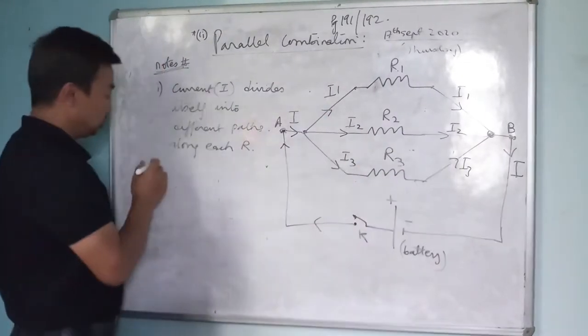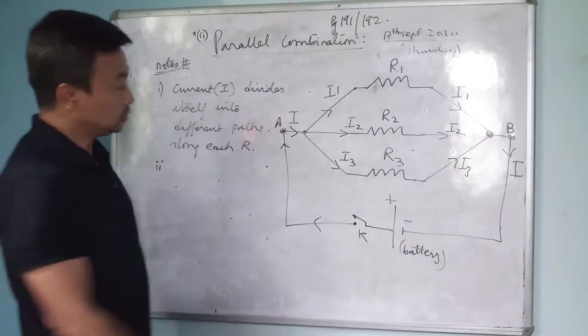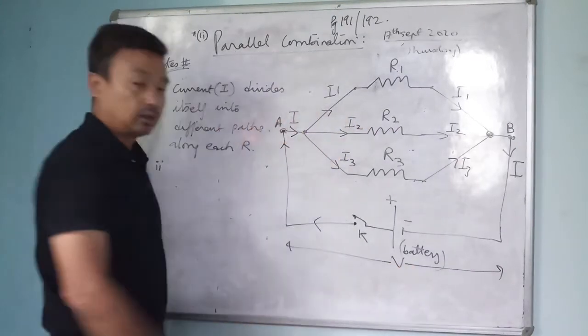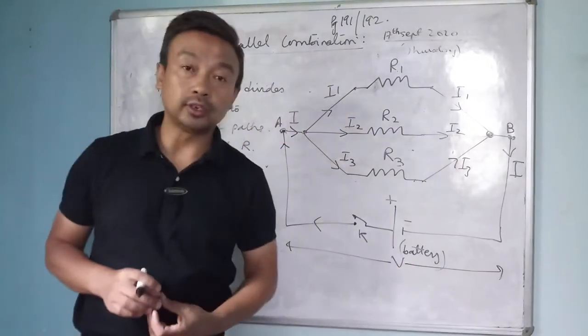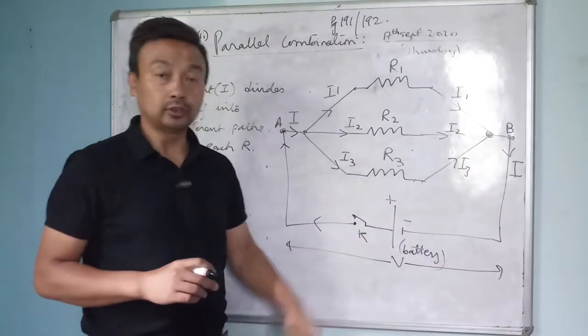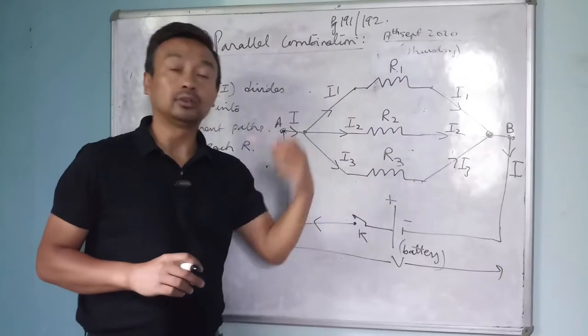And second point, what do you observe here is the total potential difference for the entire cell. Suppose if I take it as V. The total potential difference between the point A and B, that means for the entire circuit, this potential difference will remain same for the individual resistor.